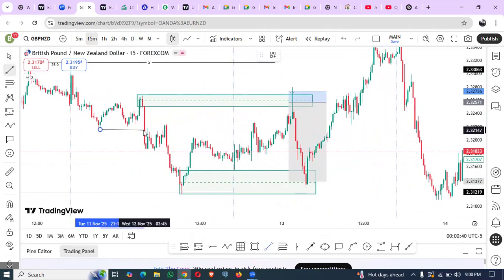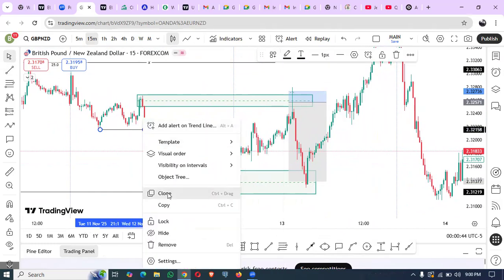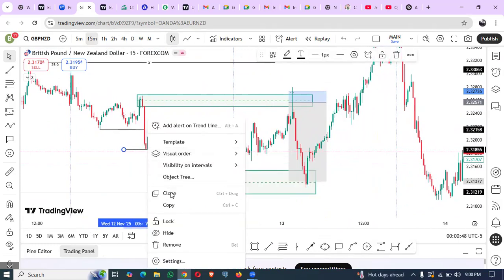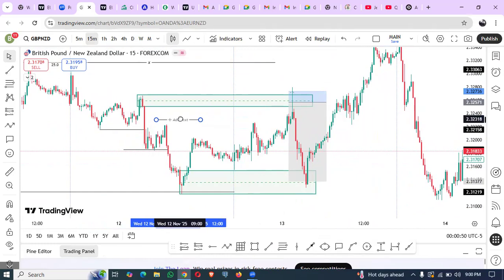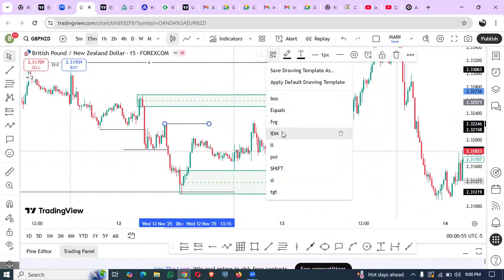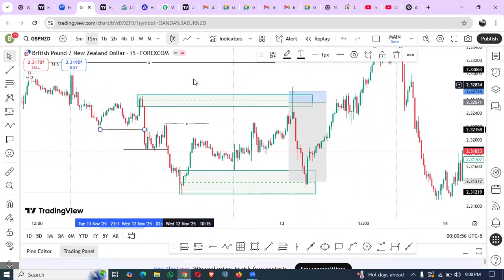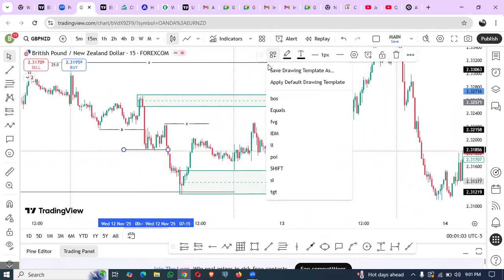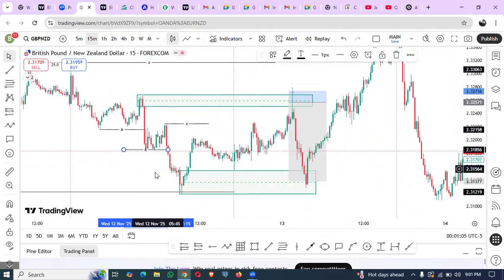That's it. You need to see your two breaks of structure to validate the trend. That's your first break of structure, second break of structure here, an inducement, the IDM here, your first break of structure, your second break of structure.